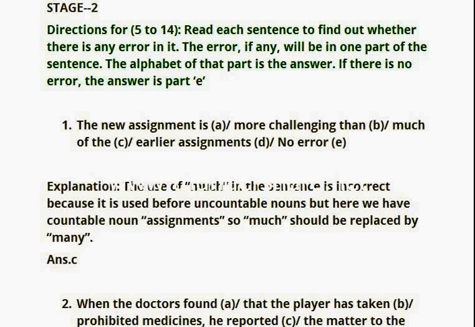The first question is: the new assignment is more challenging than much of the earlier assignments. In this sentence, the use of much is incorrect here because much is placed before uncountable nouns.